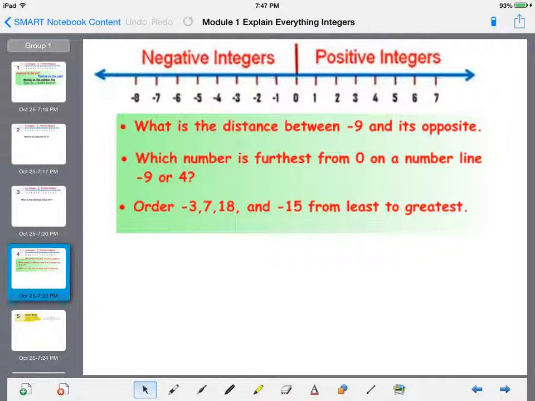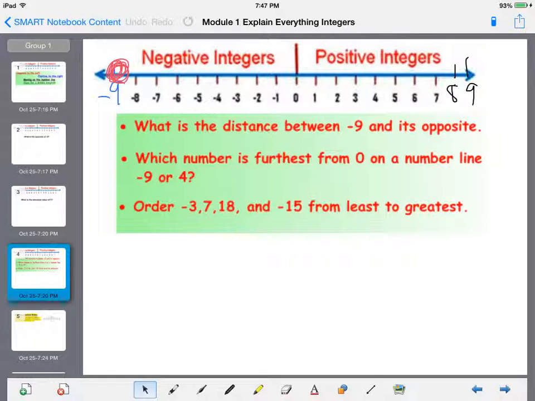So we also talked about tricky questions like the distance between -9 and its opposite. So this one doesn't have a -9, but let me go ahead and add it right there. If I'm at -9 and I want to know the distance between -9 and its opposite, well, its opposite is going to be all the way over on +9 over here.